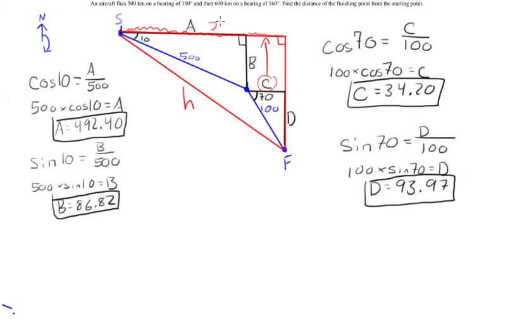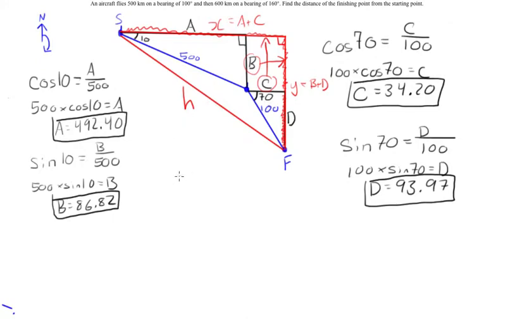So if I call this side X, X is really A plus C. And if I call this side Y, well, Y is going to be this distance D. Also, if I move this distance B up, it completes my side Y. So Y is equal to B plus D.